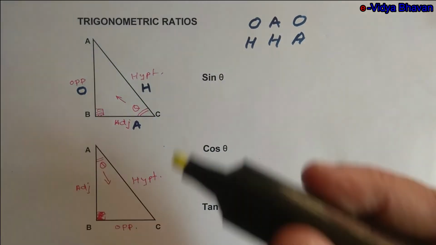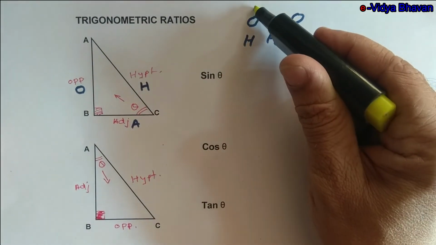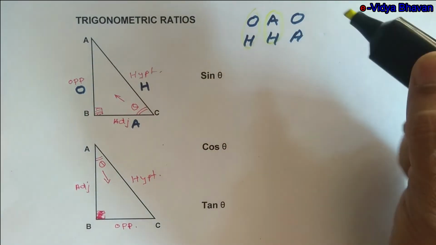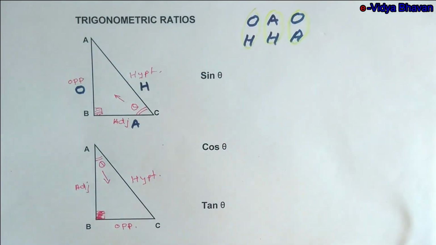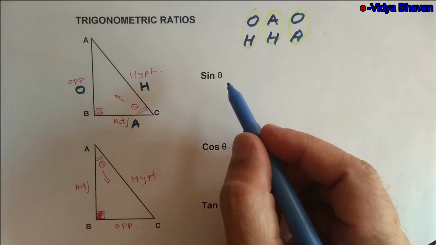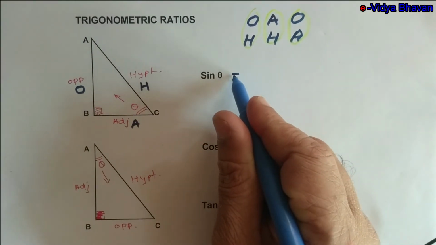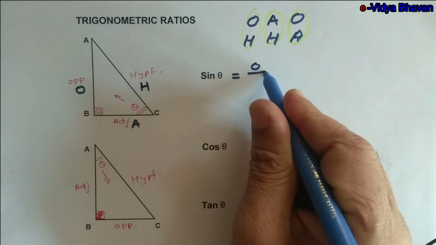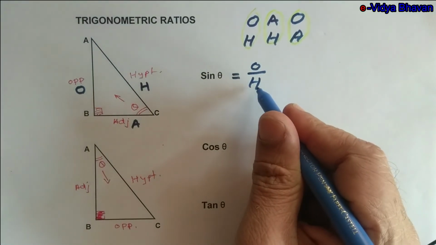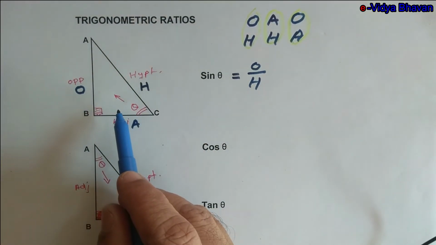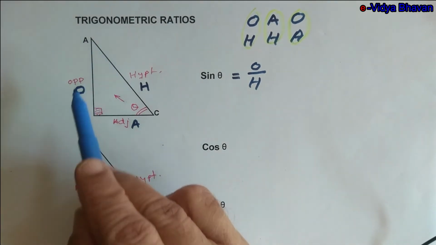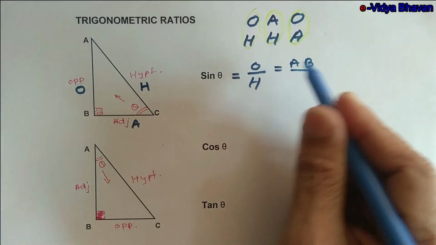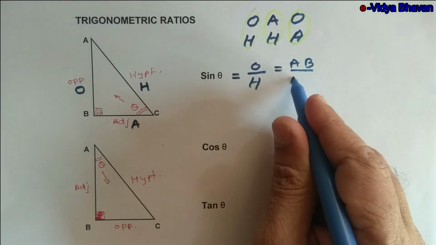Now, this you can take together, this you can take together, and this you can take together. Sin theta equals O upon H. Opposite upon hypotenuse; if you see the first figure, opposite here is AB, hypotenuse is AC.